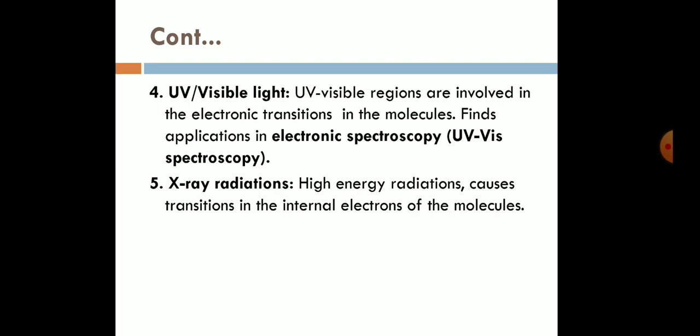Here, with the help of X-ray, the internal electrons can also make the transitions, and hence with the help of this interaction we can get the information related to the electrons present in the inner shells of the molecule. So all these spectroscopies, or all these interactions, are giving us some or the other information regarding the structure of the molecule, and hence we can use them to completely know the complete structure of the molecule.